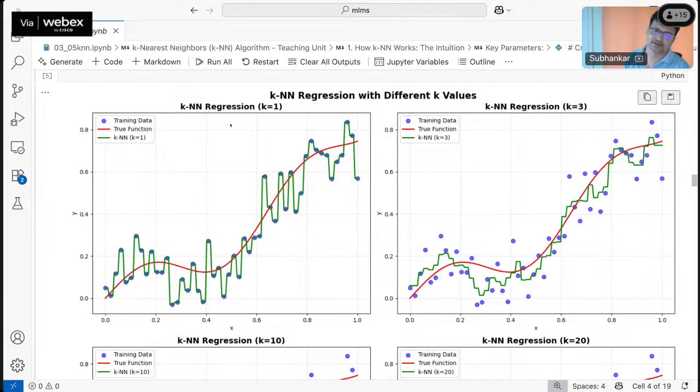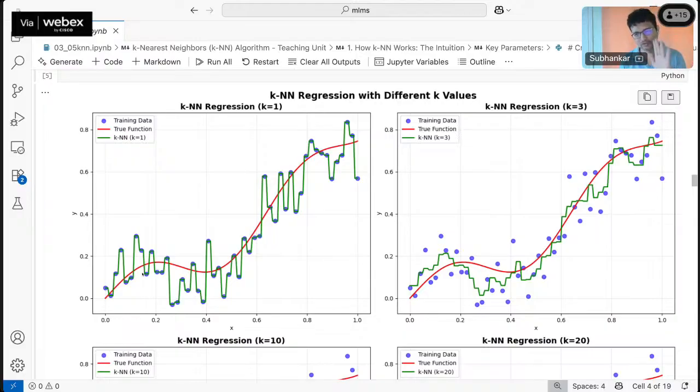Here, this particular red line is the actual true function. The blue dots are the training points. We are not going to get the actual function; the training data points might include some kind of noise, and those are the blue points.